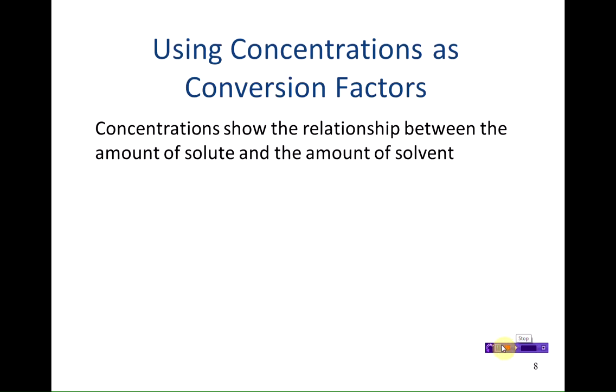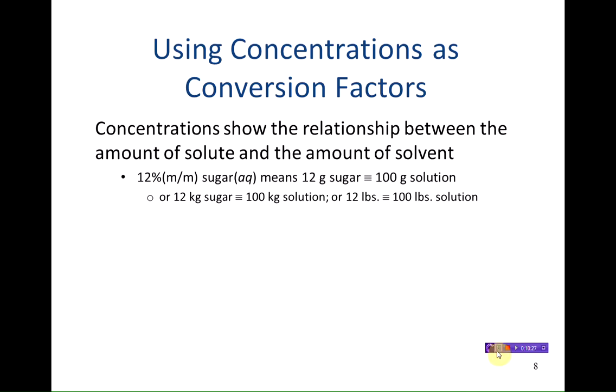Now I want to talk about using concentrations as conversion factors. So concentrations show the relationship between the amount of solute and the amount of solution. So if we have a 12% mass by mass sugar aqueous solution, that means that you have 12 grams of sugar in 100 grams of solution. And when we have these triple bars like this, this means exactly or by definition.